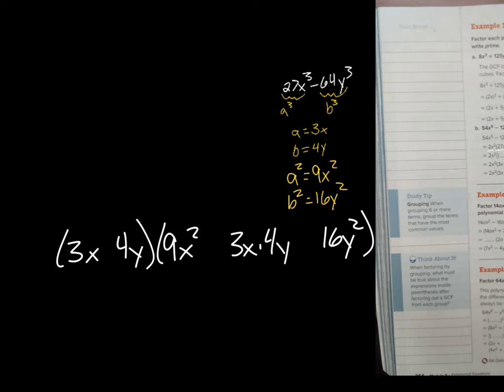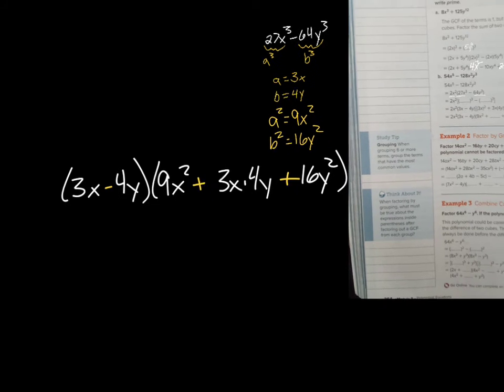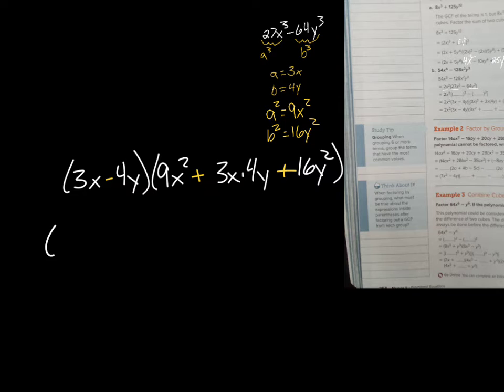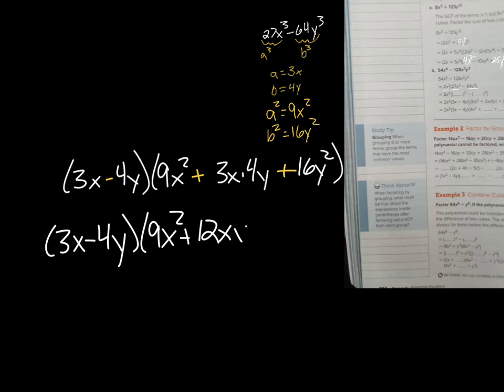Okay, so now I'm using SOAP: same sign, opposite sign, always positive. So the final factored form here is 3x minus 4y, 9x squared plus 12xy plus 16y squared.